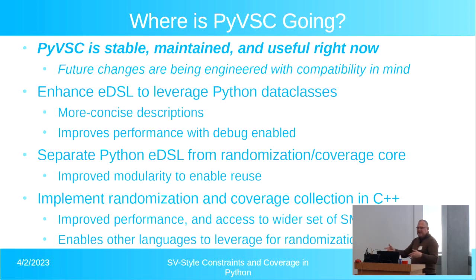I'm a C++ guy, so that's what it's going to be. Nonetheless, that will bring performance improvements as well as giving access to a wider set of solvers, which will improve performance, as well as, the last point, give access to a wider variety of languages, being able to make use of the core randomization and coverage collection facilities.